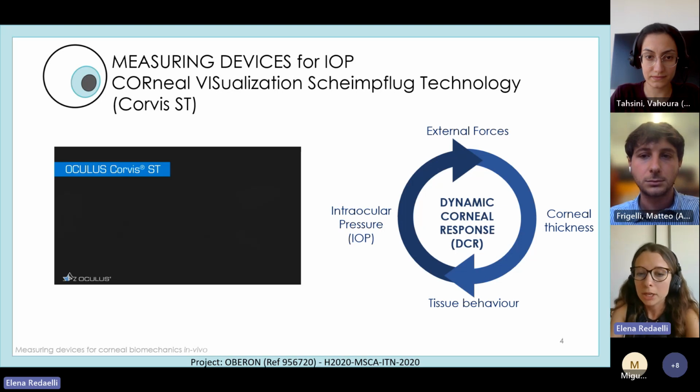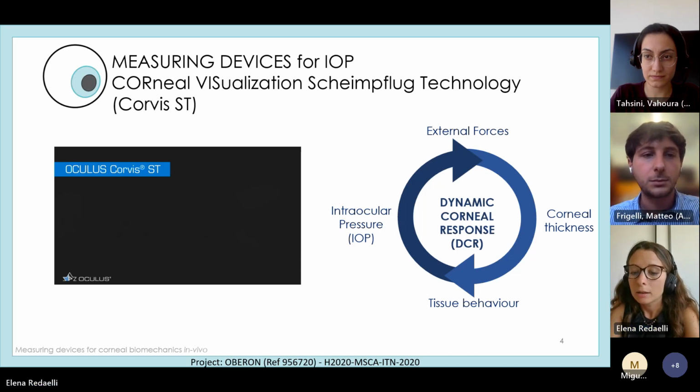So the methods to measure the intraocular pressure in vivo are indirect methods, and this is because the humors are inside the cornea and the cornea influences it.